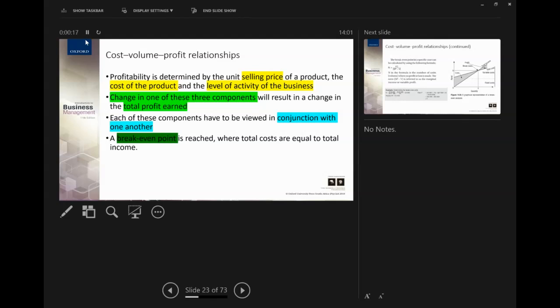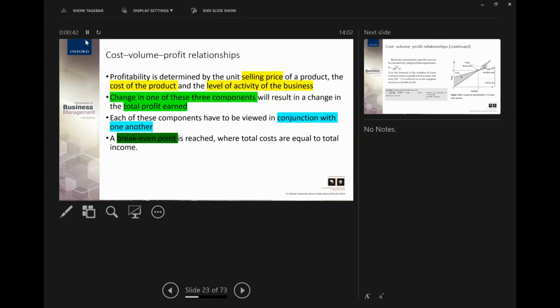All right. So when it comes to cost, volume, profit analysis, here we're looking at all three of those aspects and how they influence the profitability of the company. Obviously, if we reduce our costs, that means that we have more profit.